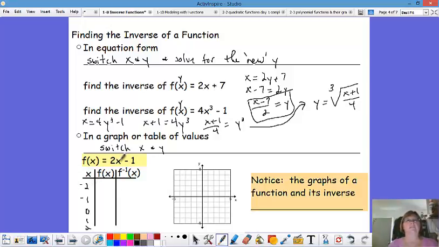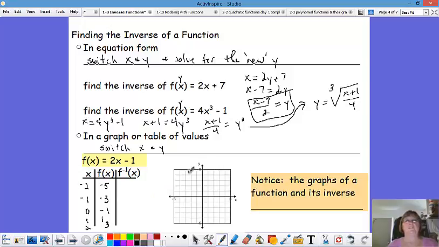When x is negative 2, y will be negative 4 minus 1, that's negative 5. When x is negative 1, that's negative 2 there, minus 1, negative 3. When x is 0, y is negative 1. When x is 1, 2 times 1 is 2, 2 minus 1 is 1. And when x is 2, 4 minus 1, 3.